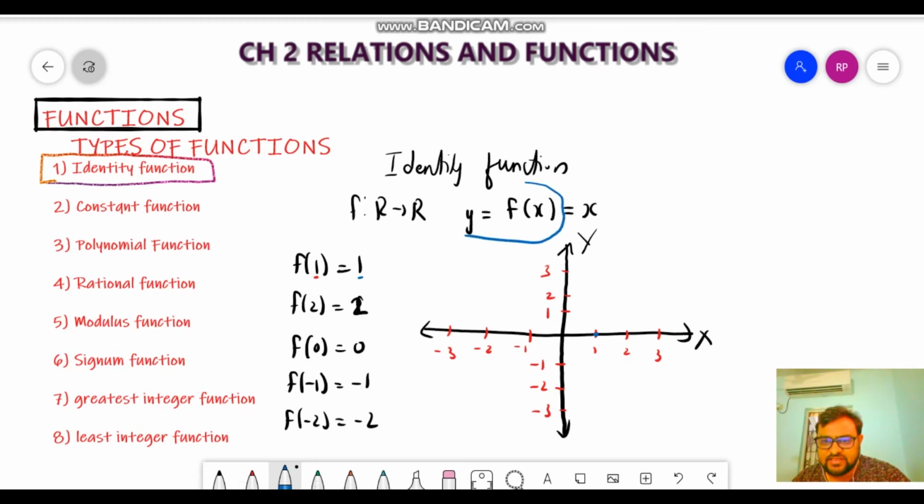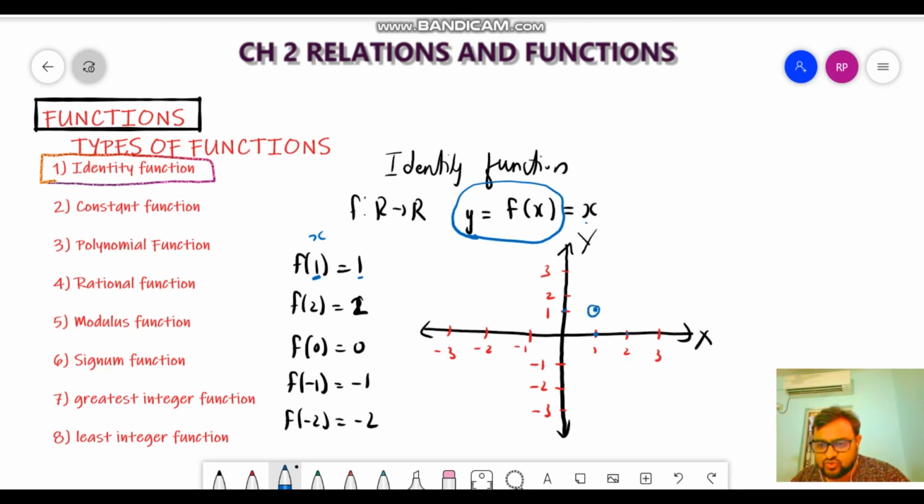Remember, f(x) is equal to y. When x is equal to 1, what is y? That is 1. So this will be the point.